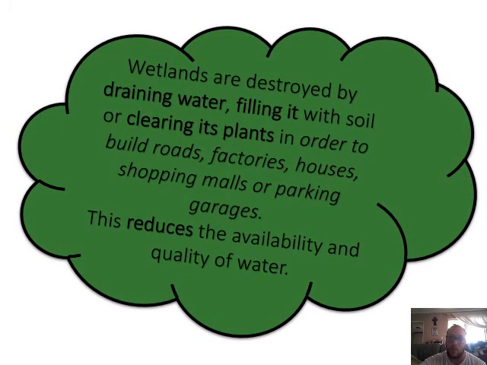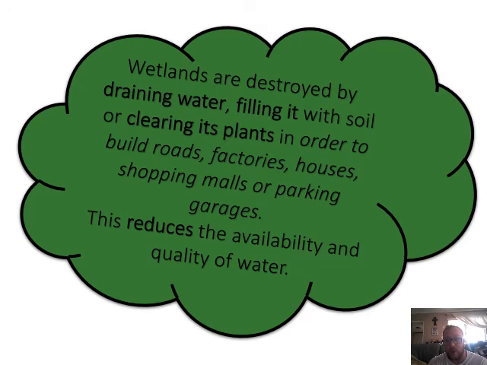Finally, wetlands are destroyed often by people because they don't know any better, by draining the water, okay, so using it for agriculture or something like that, and not used properly, filling it with soil because you want to build on top of it, clearing its plants because you want to see the beautiful water, even though those plants are producing a lot of food and nutrients for the birds as well as fish.